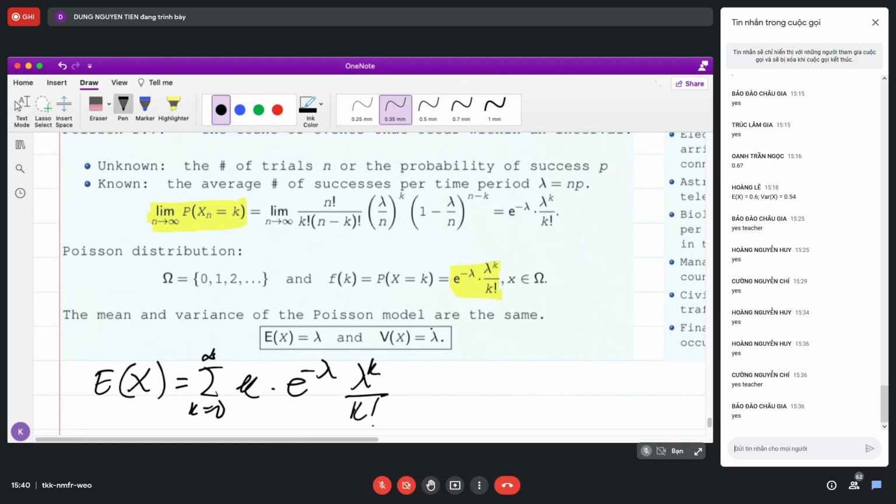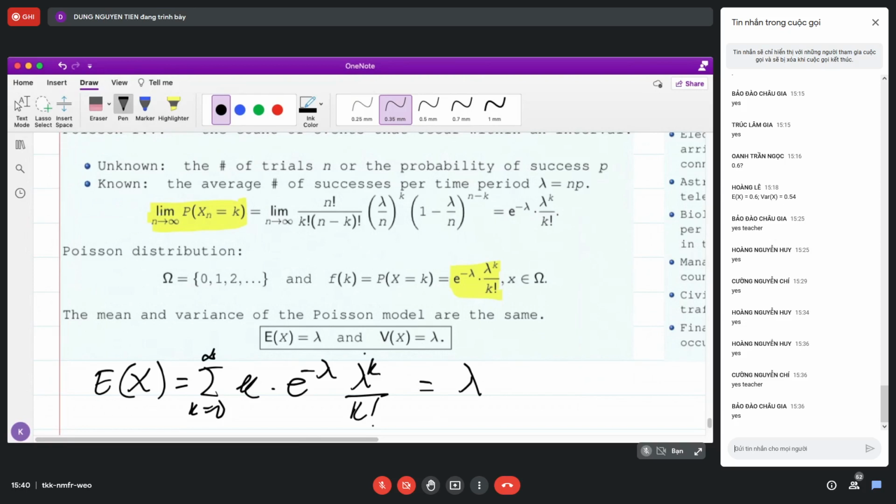If you remember what you learned in calculus 1 regarding the Taylor expansion, then you should be able to compute this sum, right? And you can prove that this sum is simply lambda. So the mean value of x is lambda, and you can also use similar arguments to get the variance. It is very interesting to observe that the variance of x is also lambda. So in a Poisson distribution, the mean of x and the variance of x are the same. They are both lambda. Do you understand?